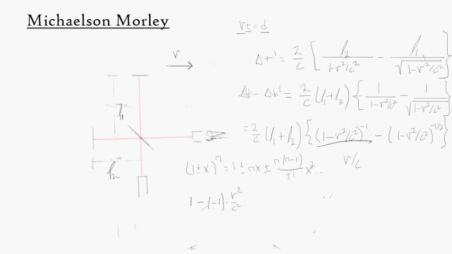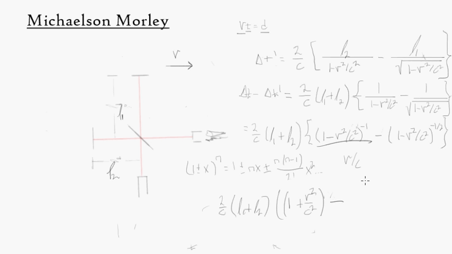So let's expand this out, and we'll include the constant, L1 plus L2. We showed that the first term here is 1 plus v squared over c squared.